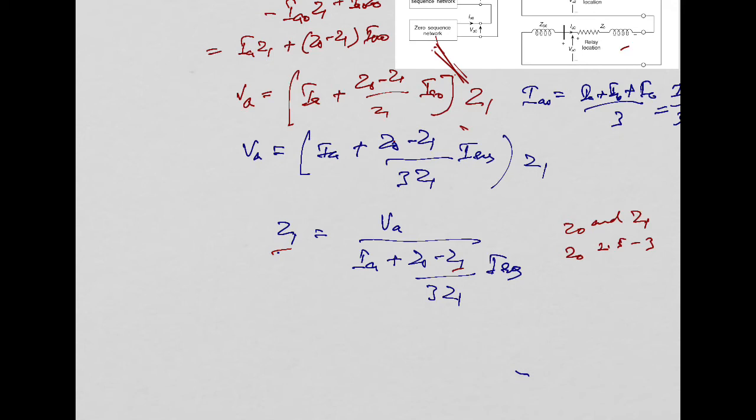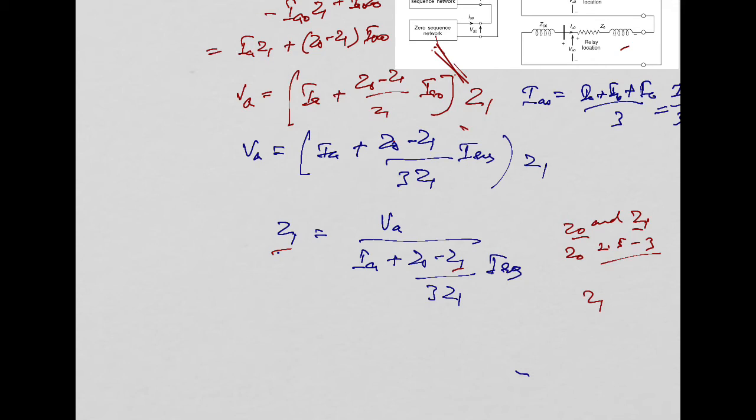For a three-phase transmission line, Z0 is actually 2.5 to 3 times the Z1. The exact relationship depends upon the geometry of the phase conductor and the placement of the earth conductors.